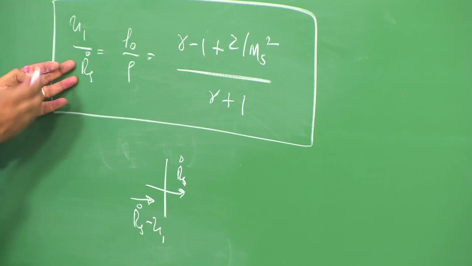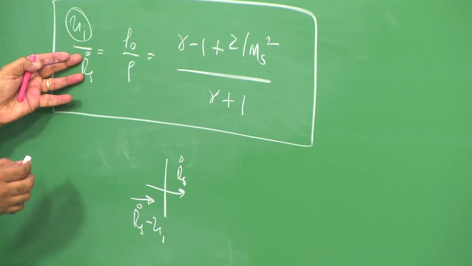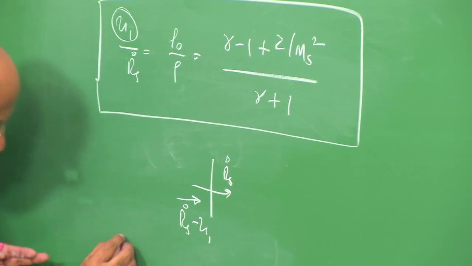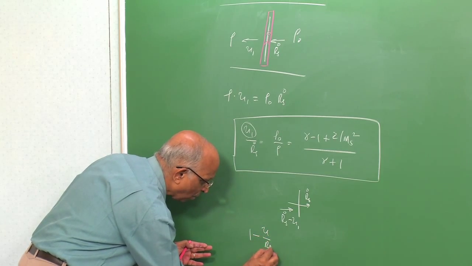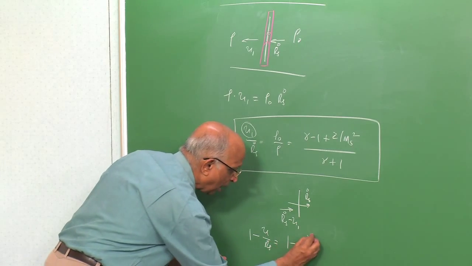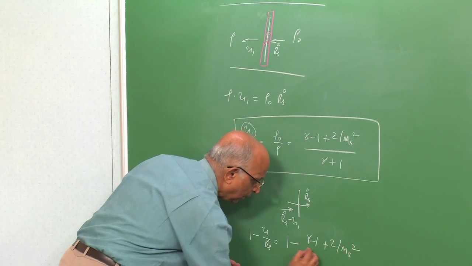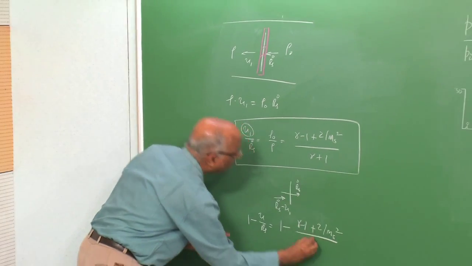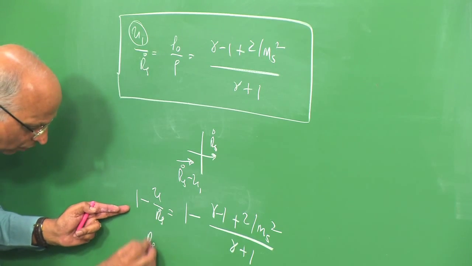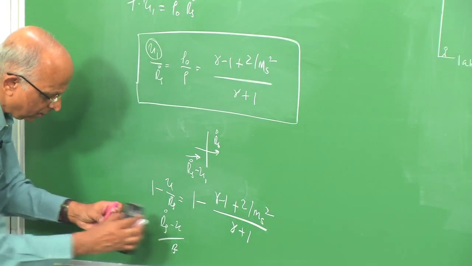We must remember that this value of u 1 is in the frame of reference of the shock stationary. If the shock is moving, the value is going to be 1 minus u by r s dot, or rather on the right hand side I should get 1 minus gamma minus 1 plus 2 over m s square divided by gamma plus 1, or rather I should get the value of r s dot minus u as a function of, let me put it on the other side.